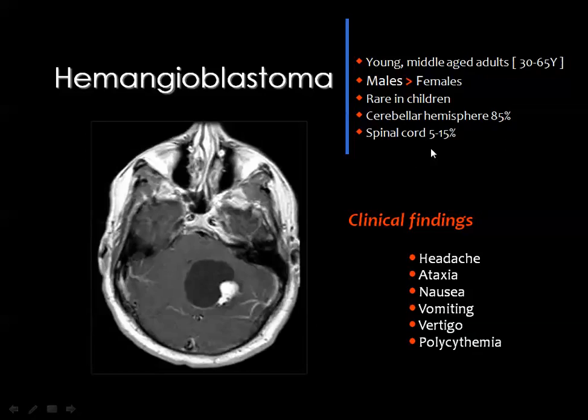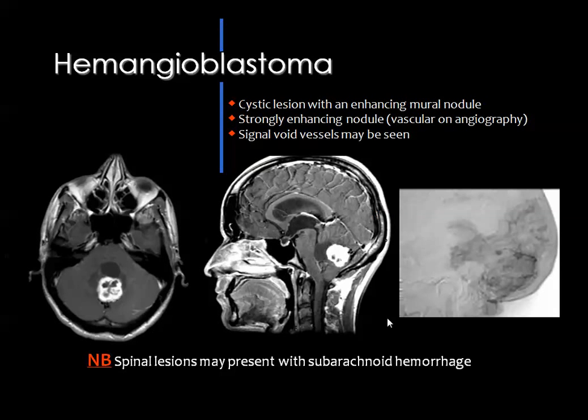And you see here a cyst with an enhancing mural nodule, which cannot be easily discriminated from pilocytic astrocytoma, especially if the age is not helpful. Then here you see a cyst with an enhancing mural nodule. This is the cyst, and this is the mural nodule, which is enhancing. And this is the sagittal T1 post contrast, and this is an angiogram.